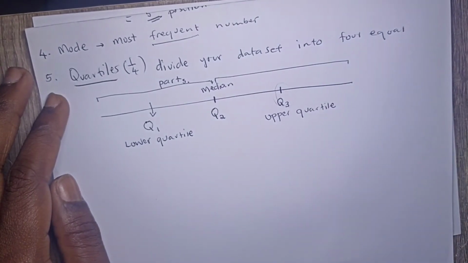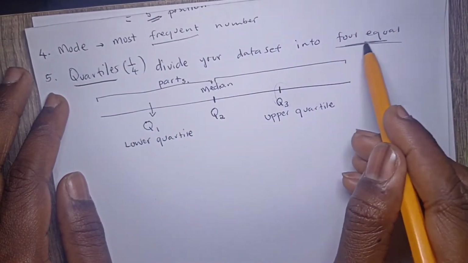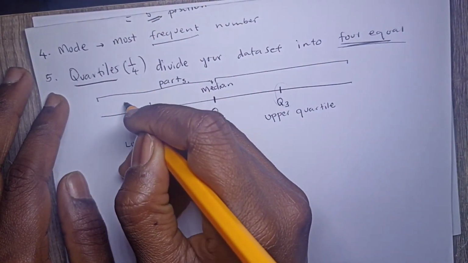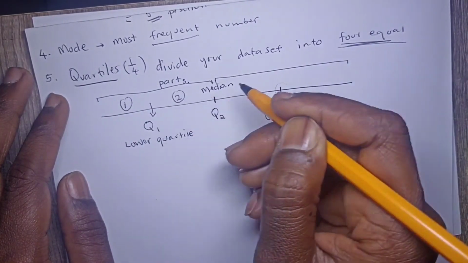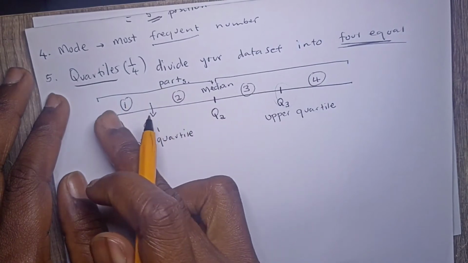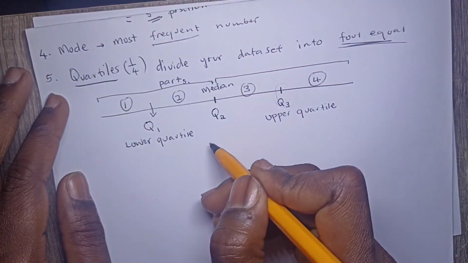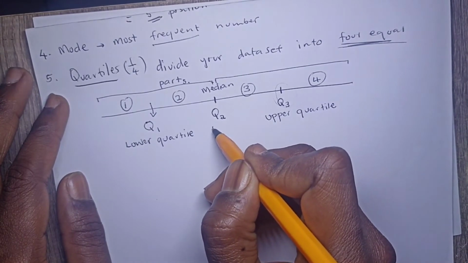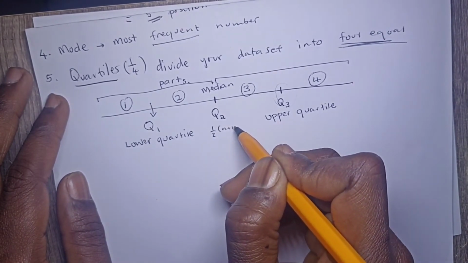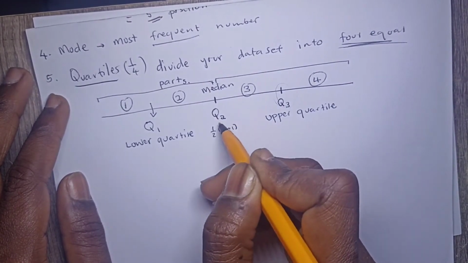Right, so I want to show you this. We said the quartiles divide the data set into how many parts? 4 equal parts. So we've got part 1, 2, 3, and 4, and these parts must be equal. Now we know the formula for the median, 1/2 (n + 1).